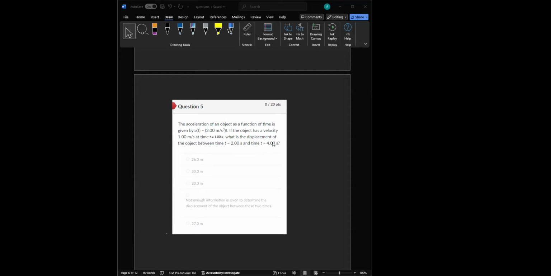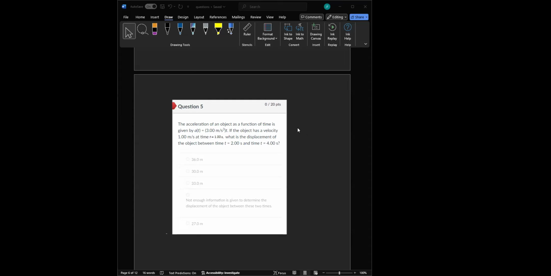And I'm making the argument that you could do it with another velocity and time, but there'd be some ambiguity in it. Either way, you could get the x of t, and then they could ask you a whole plethora of questions like, what's the average velocity between here and here? What's the average speed between here and here? What's the instantaneous velocity at this time? What's the instantaneous position at this time? So there's a lot of different questions we can ask.